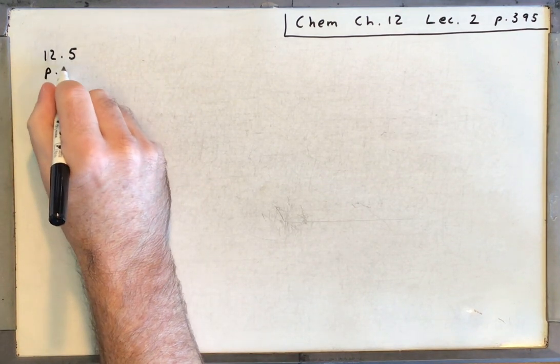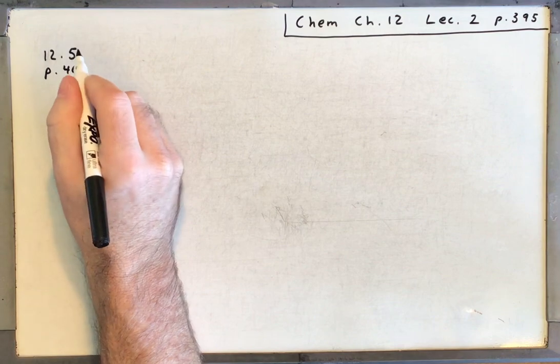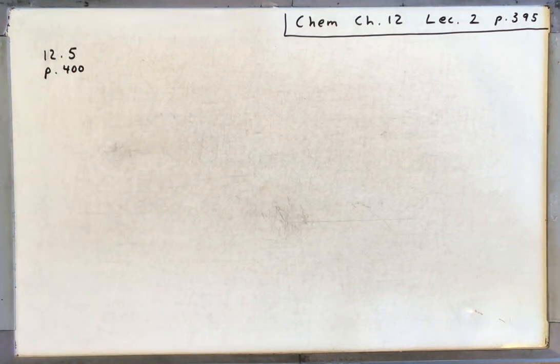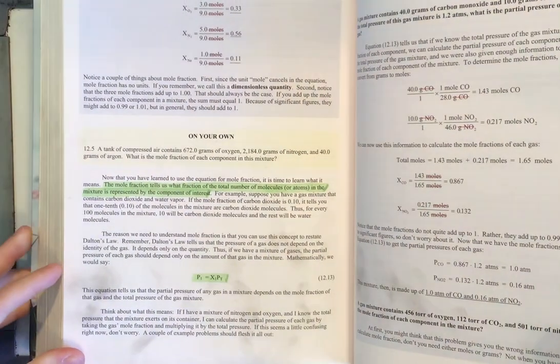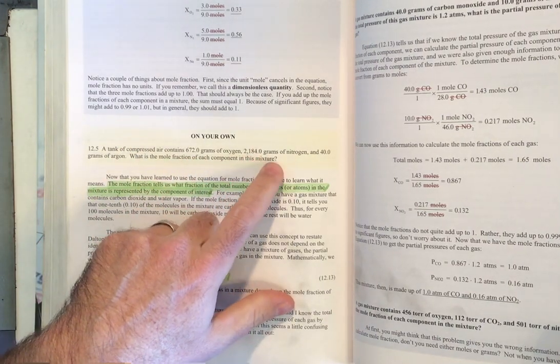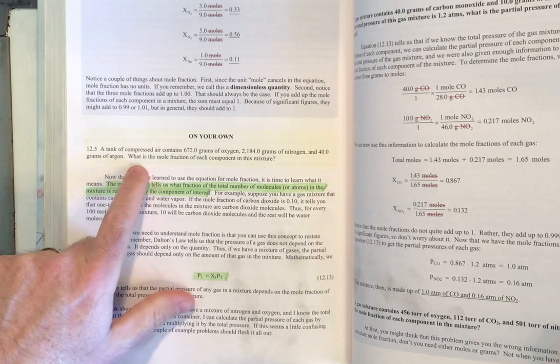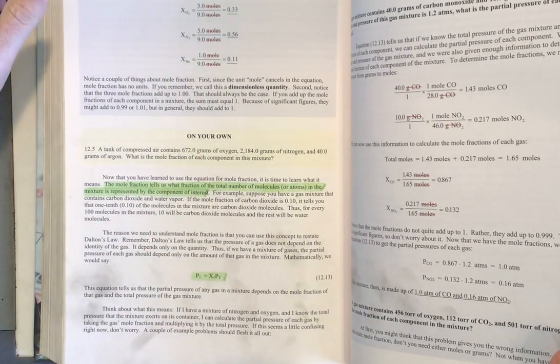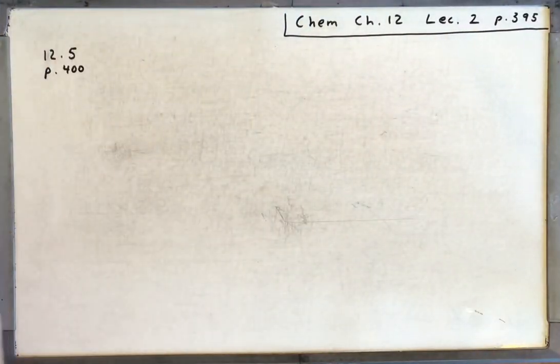Look at us go. So it says a tank of compressed air contains 672 grams of oxygen, 2,184 grams of nitrogen, 40 grams of argon. What's the mole fraction of each component in this mixture?